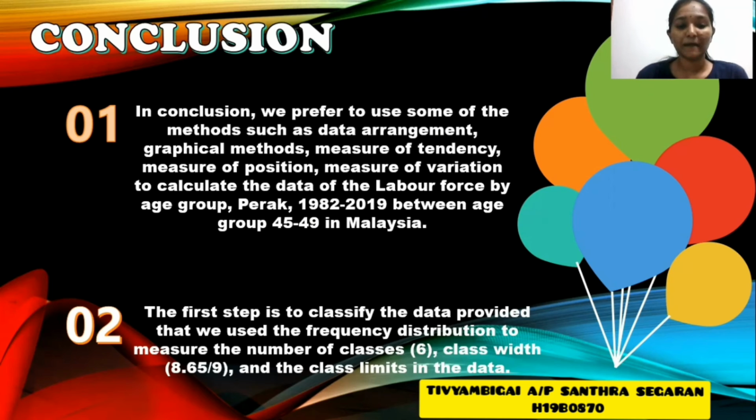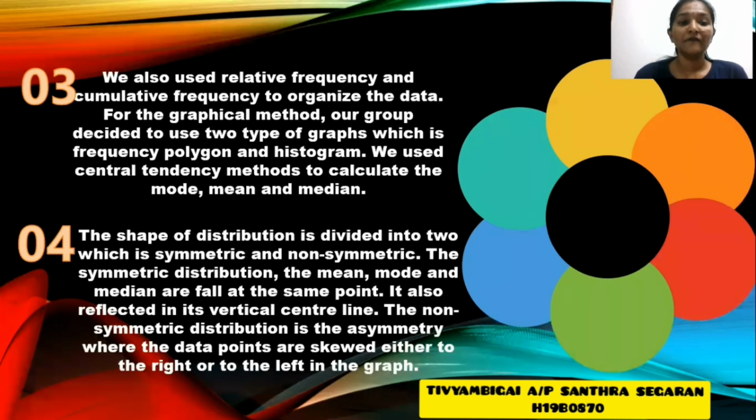The first step is to classify the data provided. We use the frequency distribution to measure the number of classes, which is 6, class width 8.65 or 9, and the class limits in the data. We also use relative frequency and cumulative frequency to organize the data.